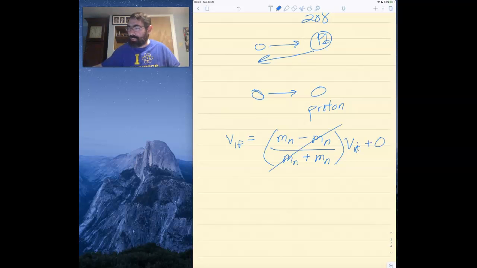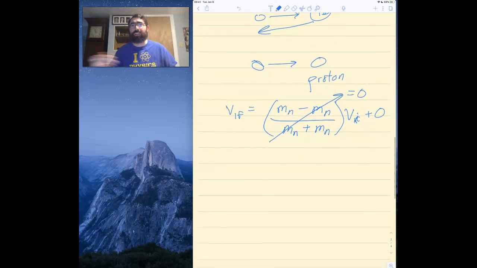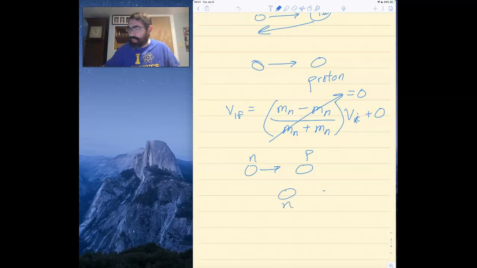So you notice that this actually disappears. Since a neutron and a proton are pretty much the same mass, the neutron comes in, hits the stationary proton, they collide, the neutron stops, and the proton zips off with pretty much the same speed as the neutron.